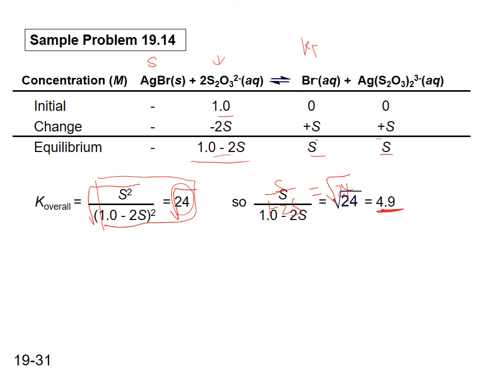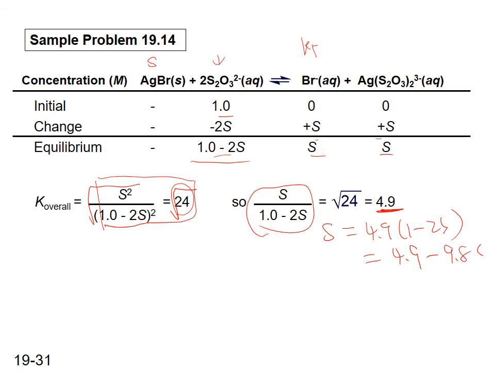Okay, so we have this equation. So S divided by 1 minus 2S equals 4.9. So we can rearrange: S equals 4.9 times 1 minus 2S, which equals 4.9 minus 9.8S.